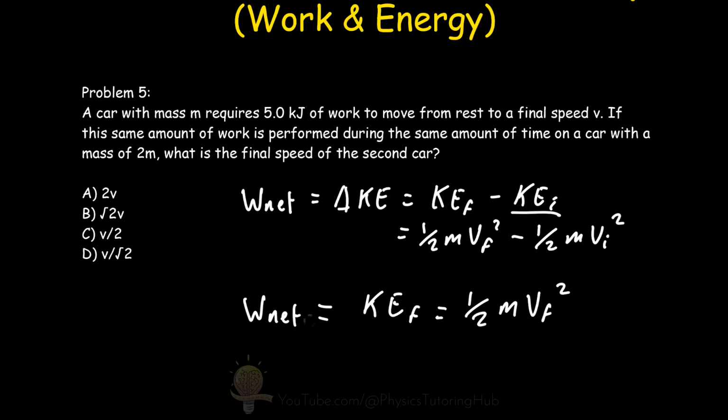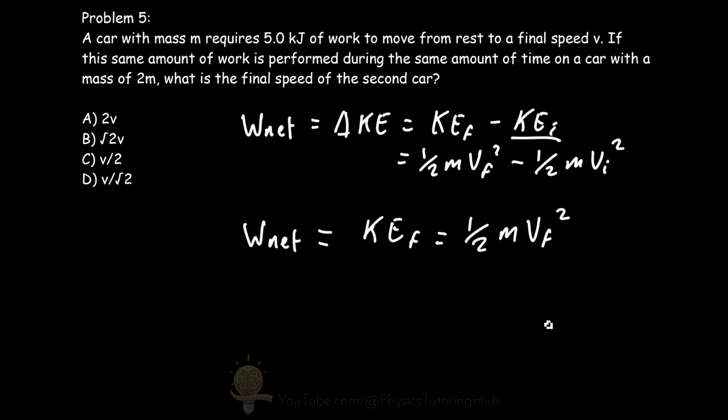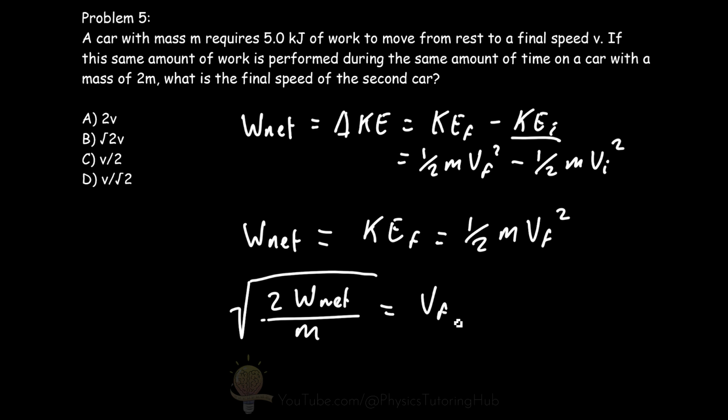So if we rearrange this equation to make the final velocity the subject, we multiply both sides by 2 to get rid of this half term, so 2 times work net. We divide both sides of the equation by the mass, and we square root to get rid of this squared term. Square root is equal to the final velocity.